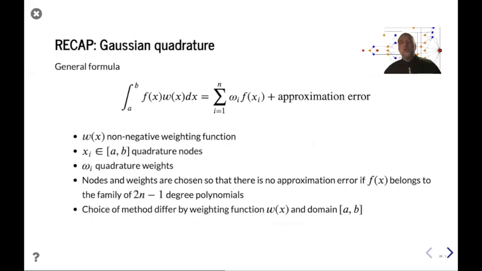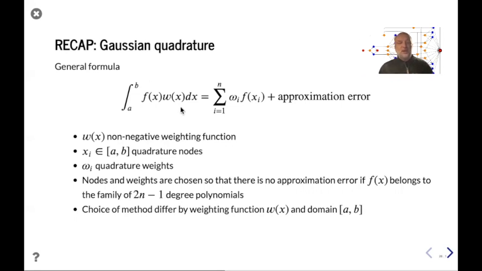So really, we have an integral that has this form here. There is some function we want to integrate, and then there's some weighting function W that sometimes can just be 1, right? Like then you would have Gauss-Legendre, and you integrate that from a to b. And a and b can be either a finite support or an infinite support, depending on the quadrature method.